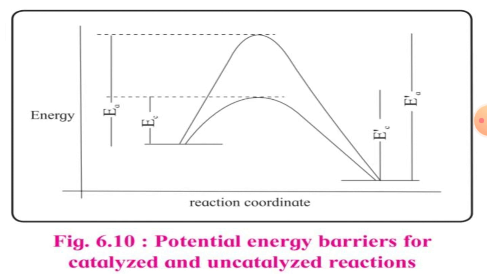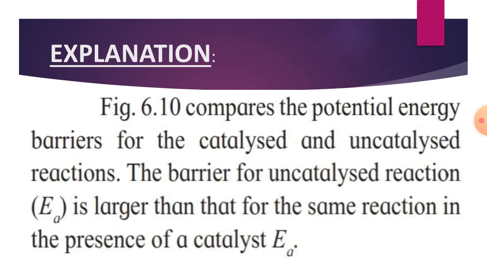So this graph shows us that the catalyzed reaction has lower activation energy as compared to the uncatalyzed reaction. Let's move forward towards the explanation of figure 6.10 which we have studied.